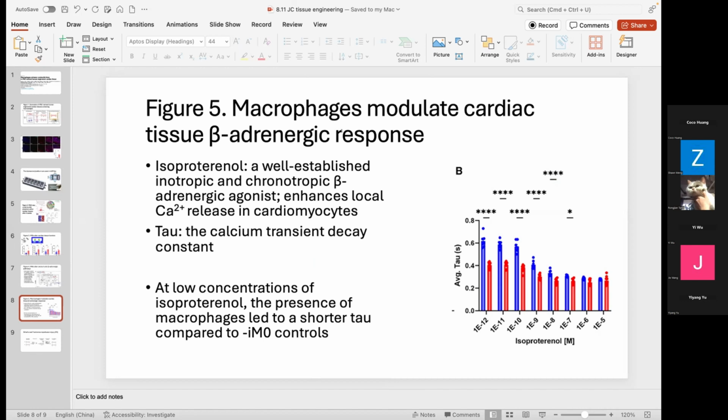They found eventually that the presence of macrophage leads to a shorter calcium transient decay compared to the without-macrophage controls.